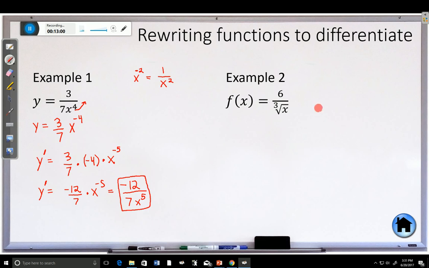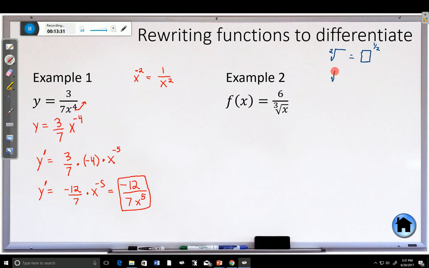All right, one more here. As you can see, we have an x in the denominator again, and so that means we will be using the same idea as previously, using negative exponents. But we also have a cube root, which you haven't seen yet. It's also not one of the basic derivative rules, so how do we deal with it? Well, in algebra concept, a square root is the same as taking something to a 1/2 power.